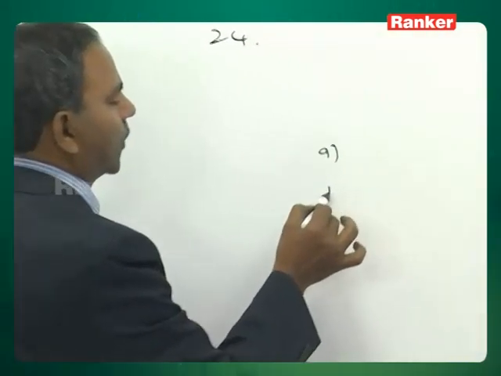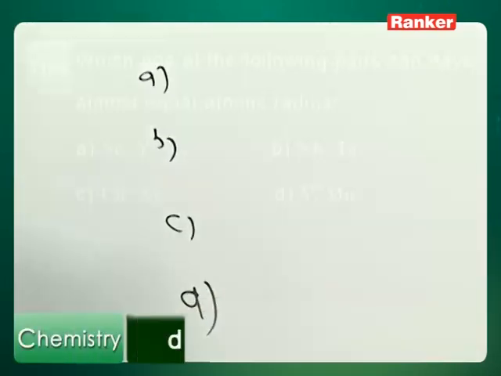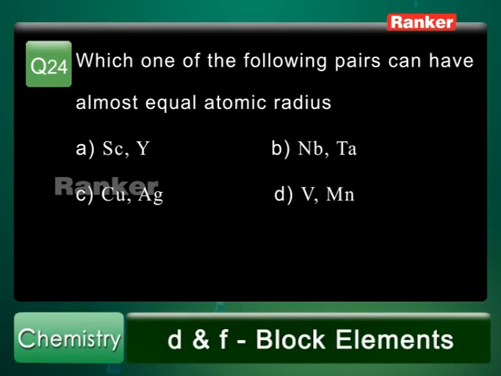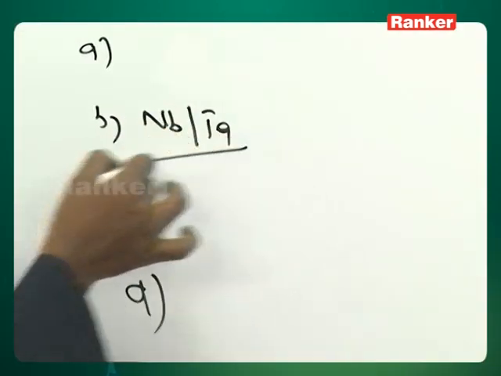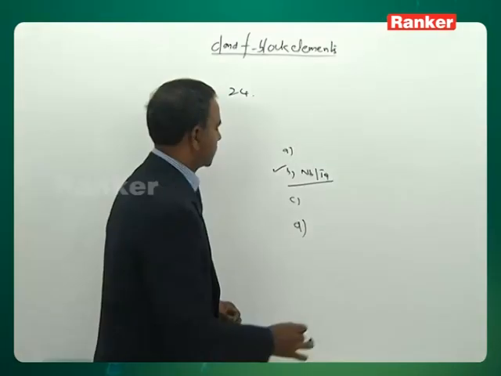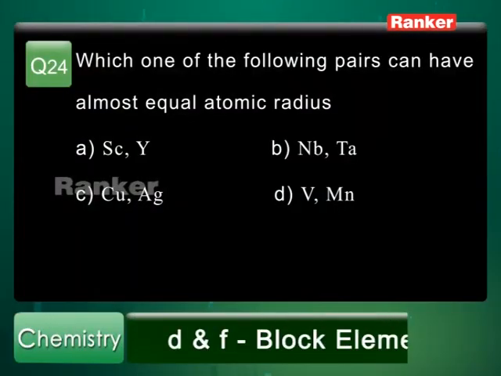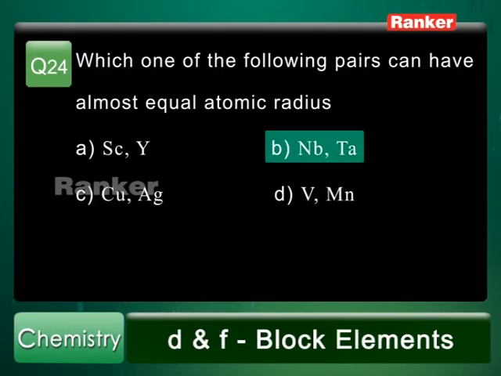Niobium is a 4d element, tantalum is a 5d element. Therefore, the correct answer is option B.